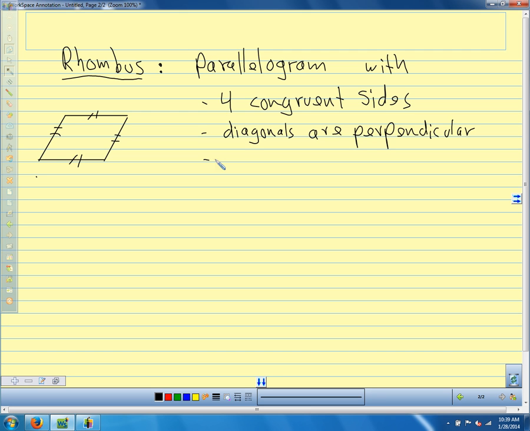And because it's a parallelogram, we know that the diagonals bisect each other. So the rhombus has all the properties of a parallelogram, along with 4 congruent sides, and the diagonals are perpendicular. Something else happens with a rhombus. The diagonals bisect the angles.